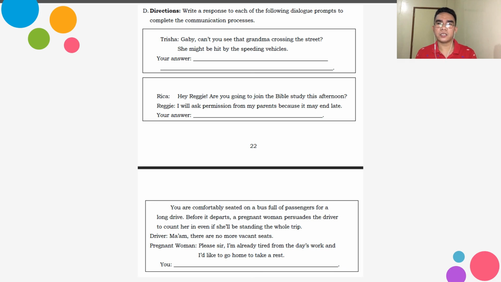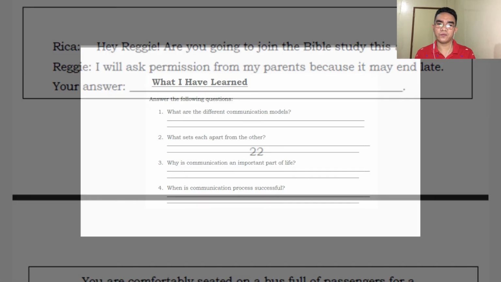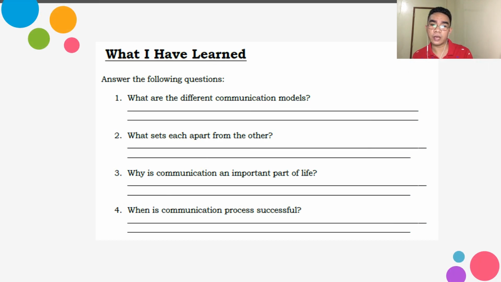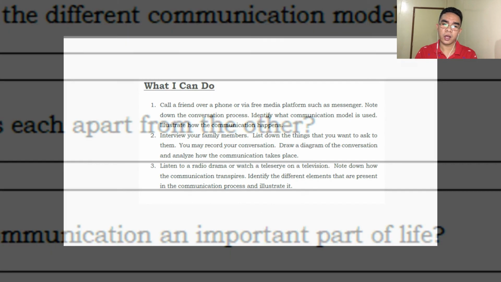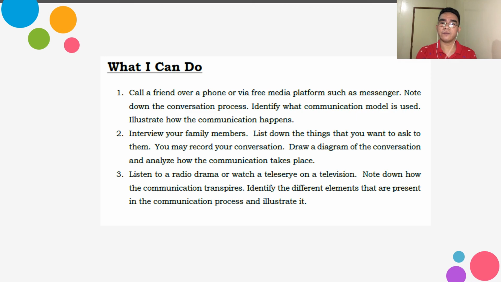So I wanted to know what you have learned in this topic. You have to answer the following questions on a separate sheet of paper, of course. So what you can do is try the following and then share with us what you have observed or what you have experienced during this activity.